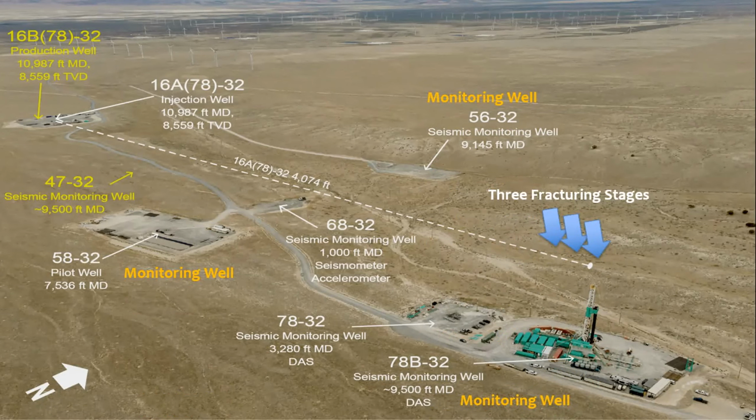There was also a DAS cable down to about 3,000 feet in well 7832, and a DAS cable down to about 3,000 feet in 5632.